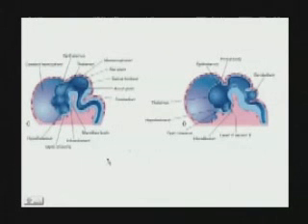And so just as a reminder, because we're in the brain, once the cervical flexure forms, you get a different orientation of where ventral and dorsal are. So you're sort of working with two coordinate systems.